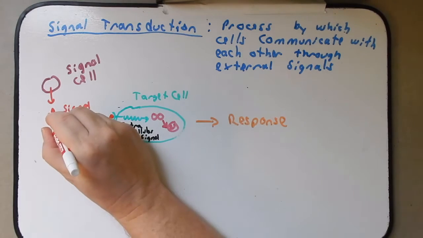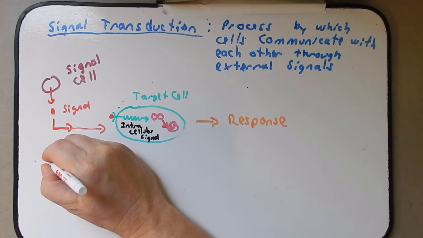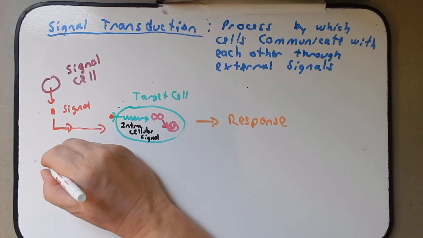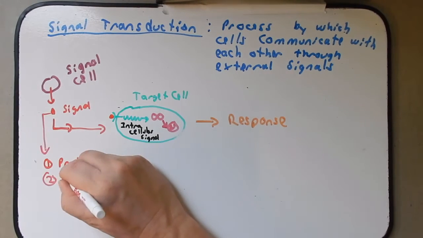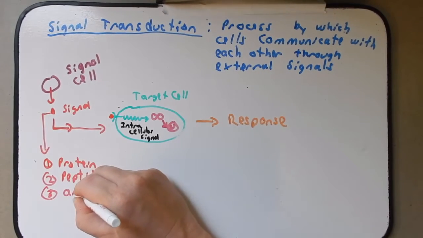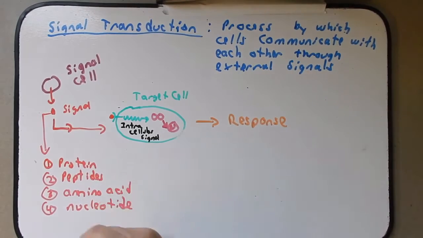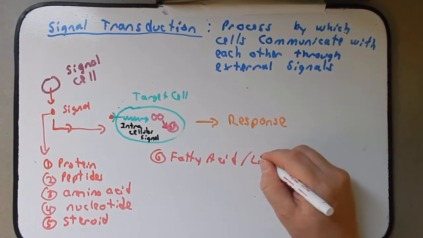This signaling molecule, I'm going to spend a little time talking about that. This signaling molecule can be one of several different molecules. It can be a protein, it can be a peptide, which is a small protein, it could be an amino acid, it could be a nucleotide, a steroid, it could be a fatty acid, or a lipid.